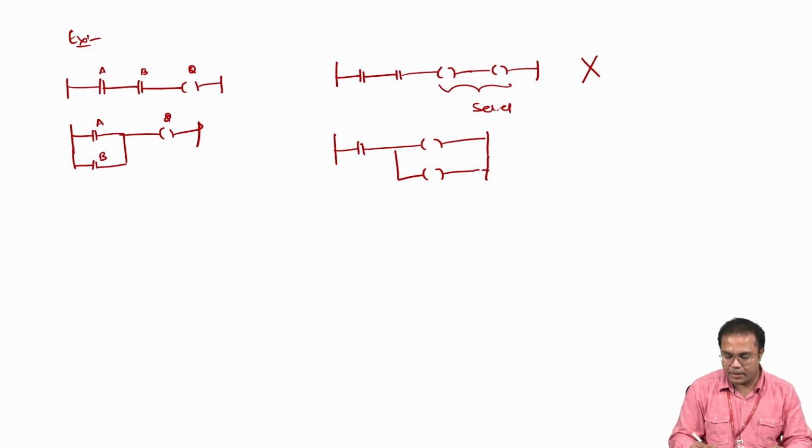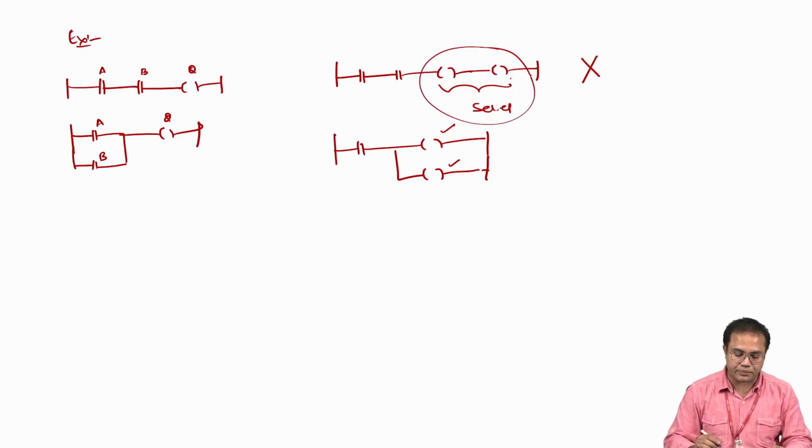It means whenever this contact goes high, immediately these 2 coils will turn high. So the output status purely depends on this particular input instruction. Whereas in the series case, it is very difficult to say what the status of these 2 instructions is; we cannot figure it out. So that's why this is invalid.